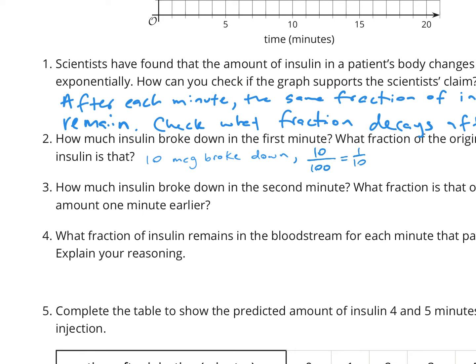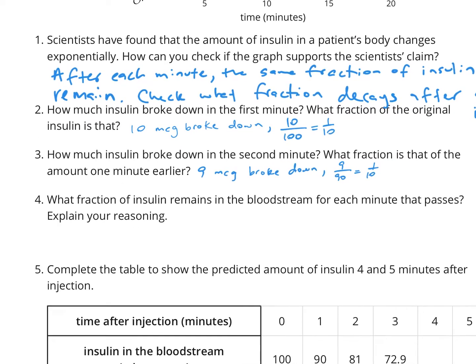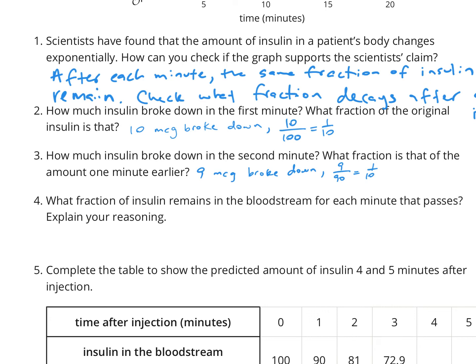For the second minute, this time only 9 micrograms broke down. And to figure out the fraction, this time we would do 9 over 90, which is still 1/10. So we can see that the fractions are the same. So if 1/10 of the original insulin is breaking down, they want to know what fraction will remain in the bloodstream each minute that passes.